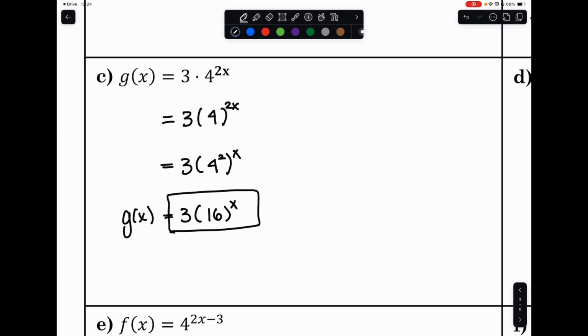So by using this property, I am changing the common ratio to 16 instead of the base of 4, which changes the horizontal dilation by a scale factor of 1/2.